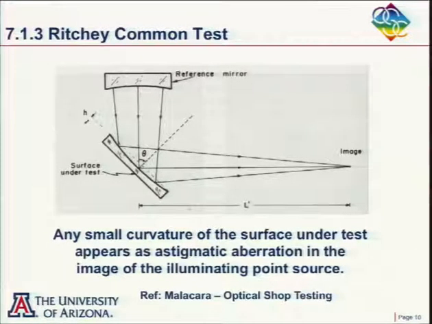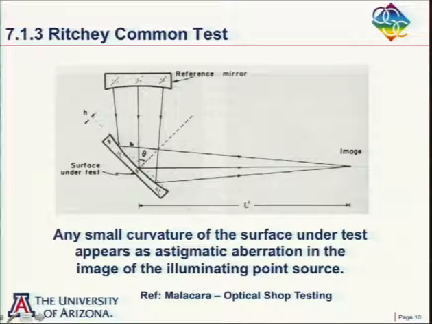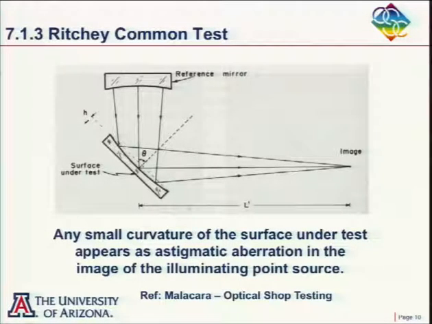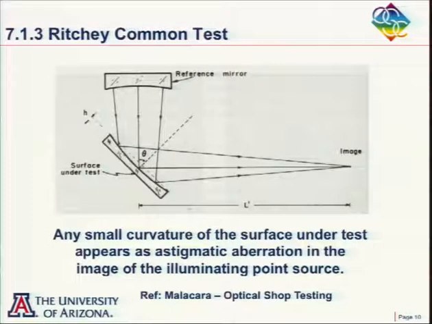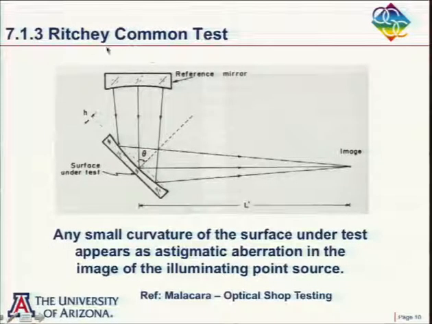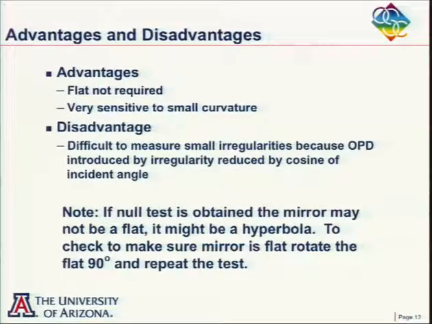But you have a computer connected to it, and it takes care of the cosine of theta. But if you just look at the interferogram, yeah, if you don't take into account the cosine of the theta, you're getting an incorrect number. But the software will take care of that. Most of the interferometers you buy in the market today have a setup for the Ritchie-Common test because it's so common, and it takes into account this cosine factor.